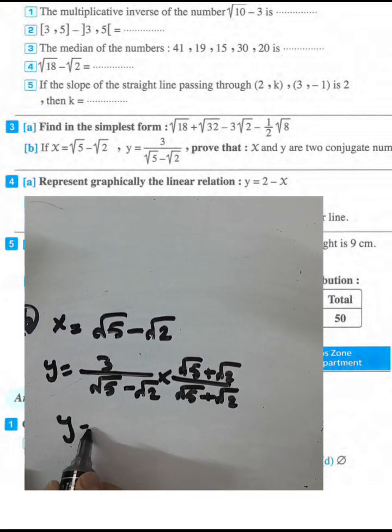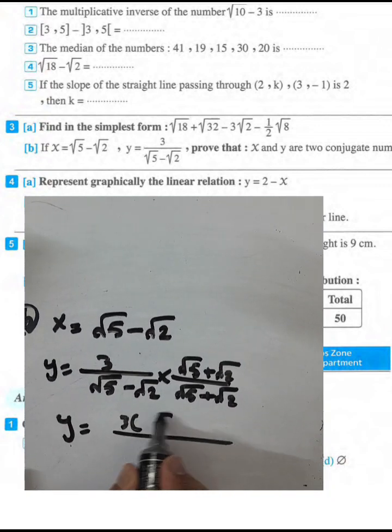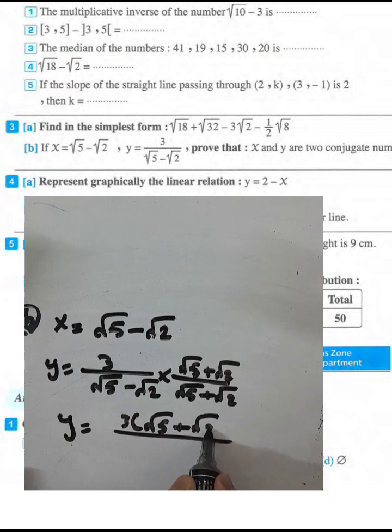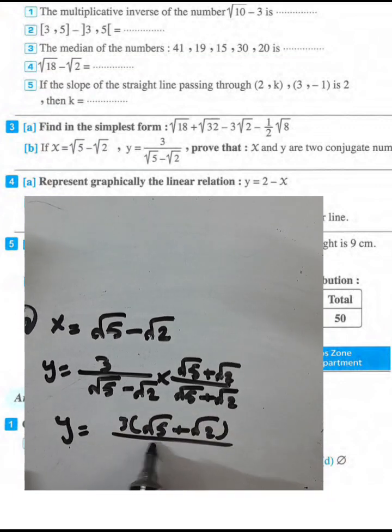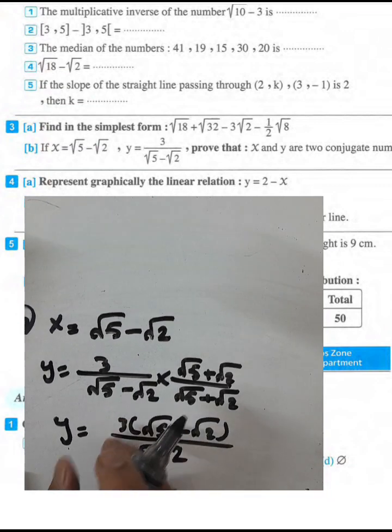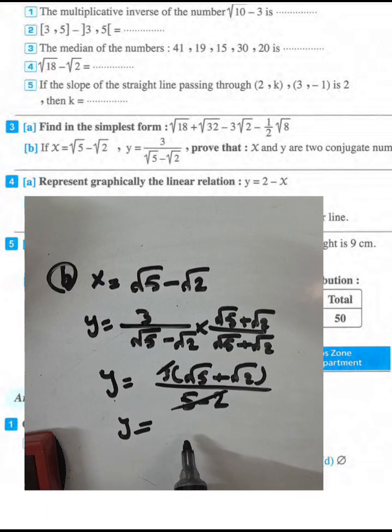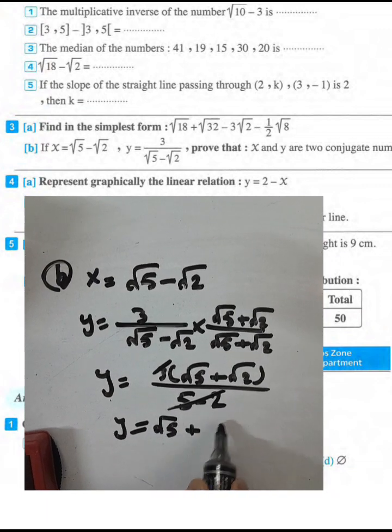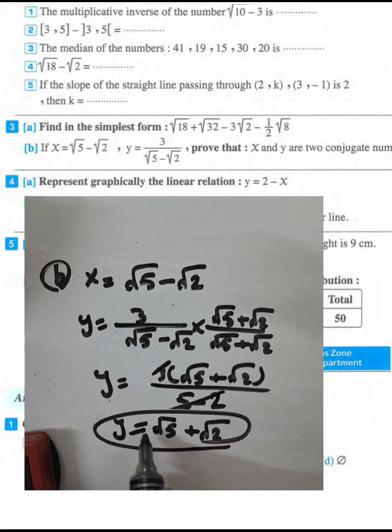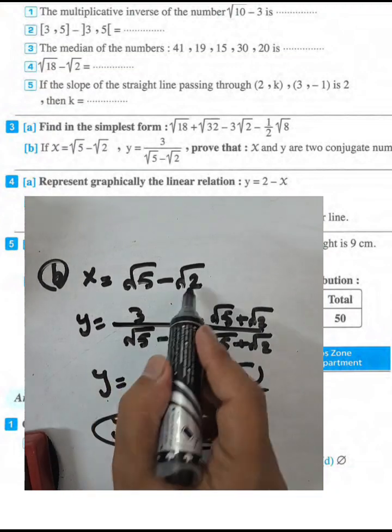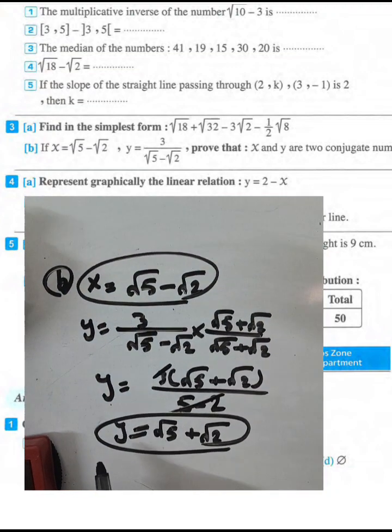Then y will equal 3 times root 5 plus root 2, and in the denominator root 5 times root 5 will be 5, and root 2 times root 2 will be 2. 5 minus 2 equals 3. We can cancel 3 by 3 here. Then y in the simplest form is root 5 plus root 2. This is the value of y, and the value of x is root 5 minus root 2.